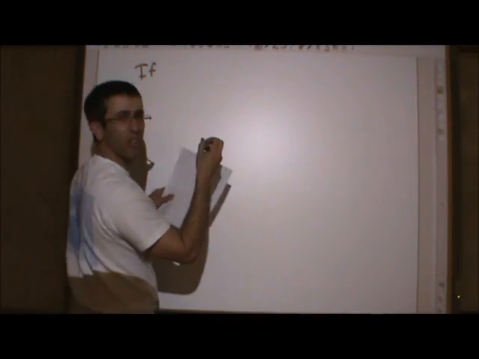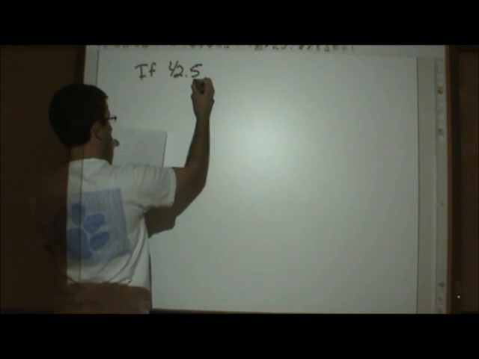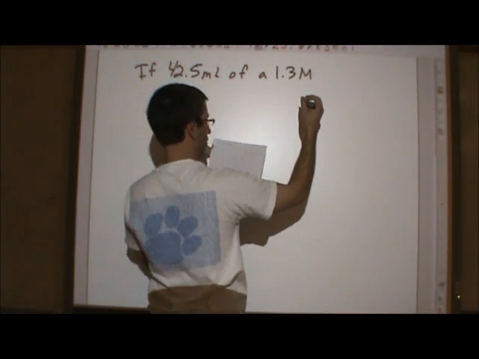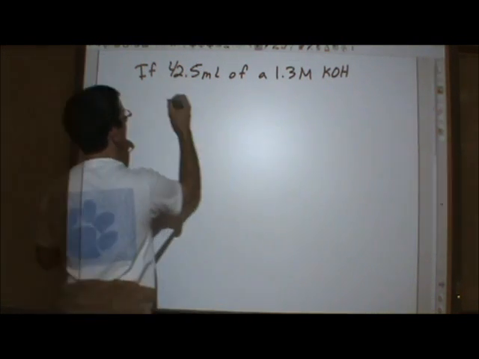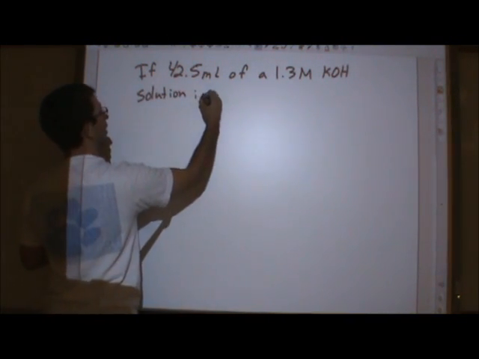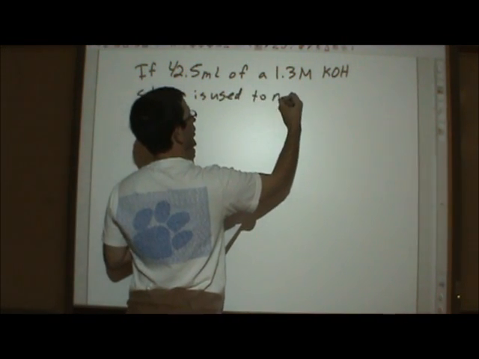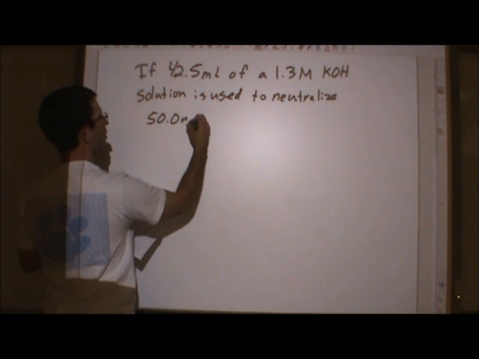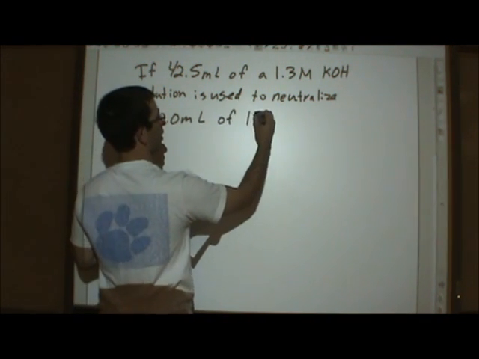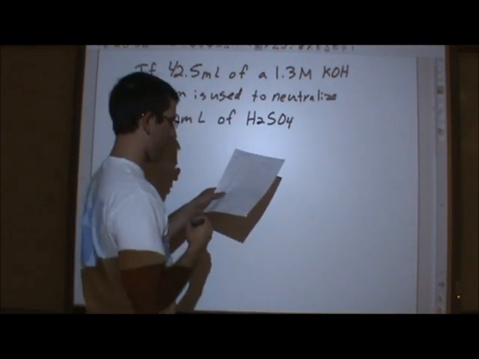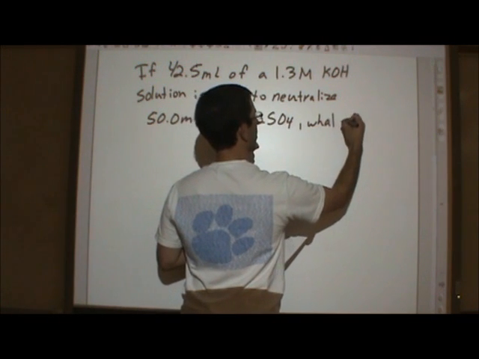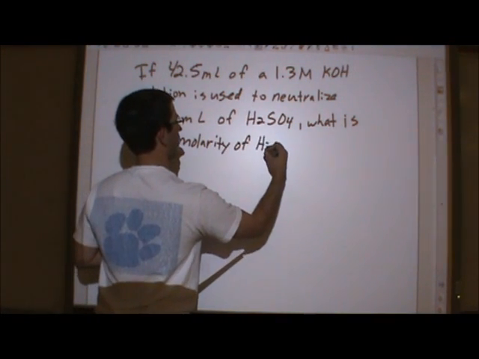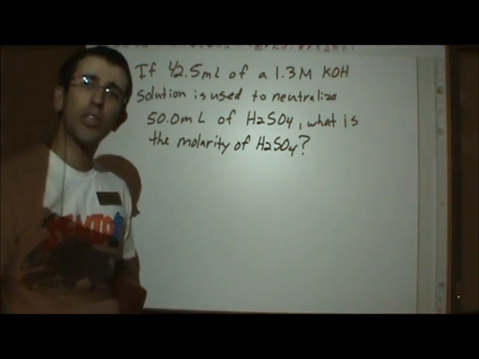If 42.5 milliliters of a 1.3 molar potassium hydroxide solution is used to neutralize 50.0 milliliters of H2SO4 sulfuric acid. What is the molarity of H2SO4?